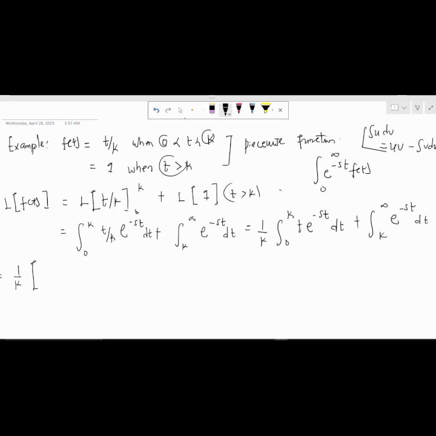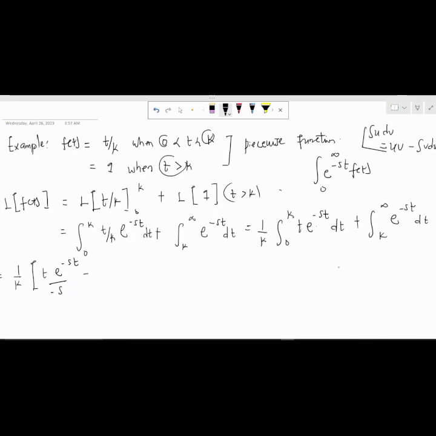So our u is t and our dv is e raised to the power minus st. So we have t, and the integral of e raised to the power minus st will give us e raised to the power minus st all over minus s.